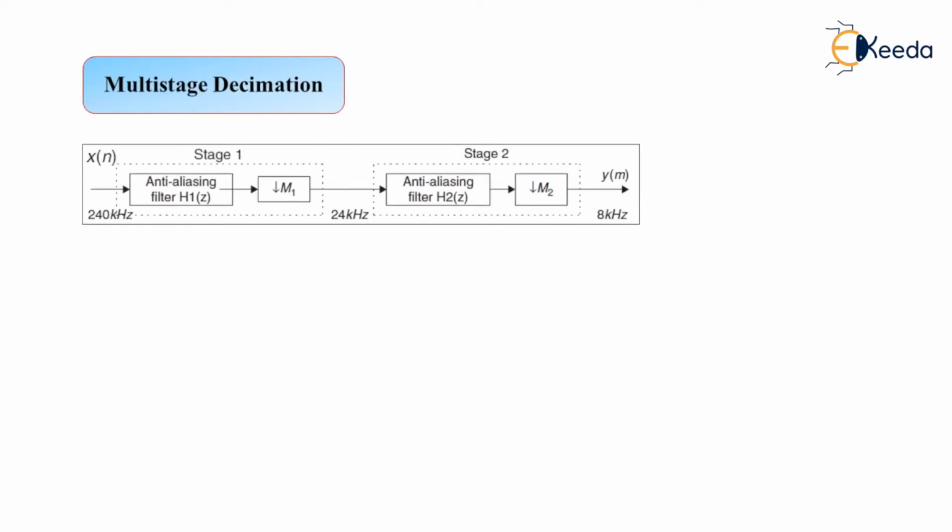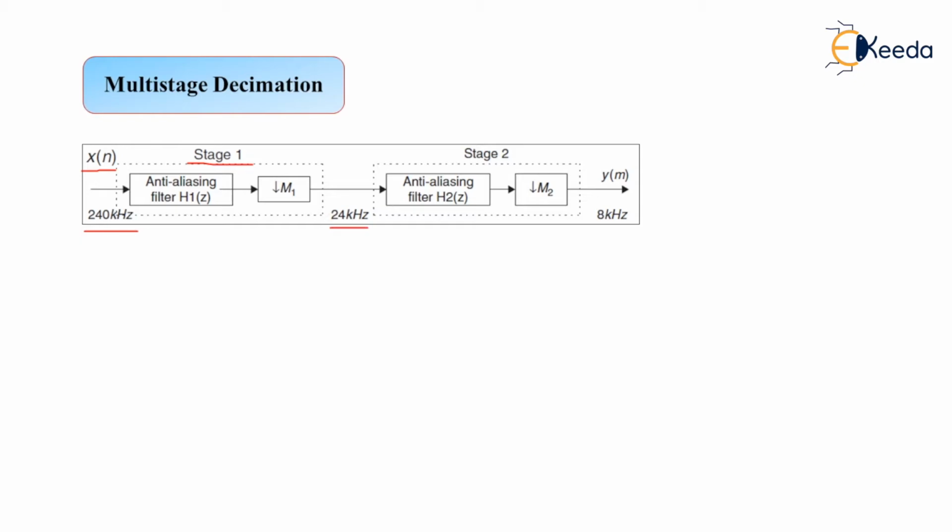So we first of all begin with the help of the block schematic here. You see the block schematic. So in the block schematic, as expected, on the left hand side we are providing the input signal x of n here, for which the multi-stage decimation is to be carried out, and initially here we have 240 kilohertz.